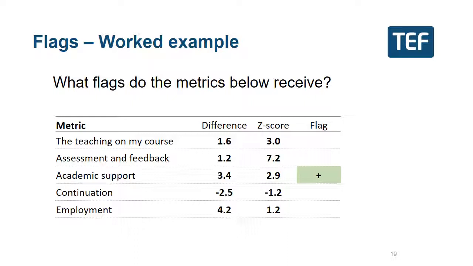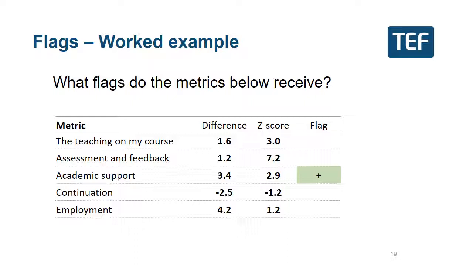The other two are actually tied in last place. Although one's positive and one's negative in terms of the material difference, both the Z-scores here mean that we can't be sure that these differences aren't just a result of random chance, so we have to disregard the difference between indicator and benchmark.